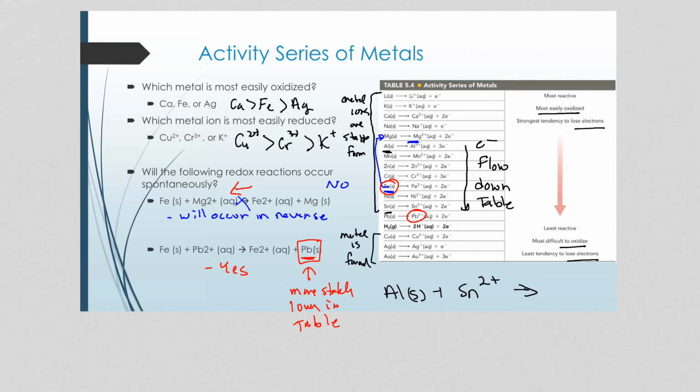And of course, this table, you do not have to memorize it. You will be given the series on a test if you need to use it as a reference. You don't need to memorize the order of this table for sure.